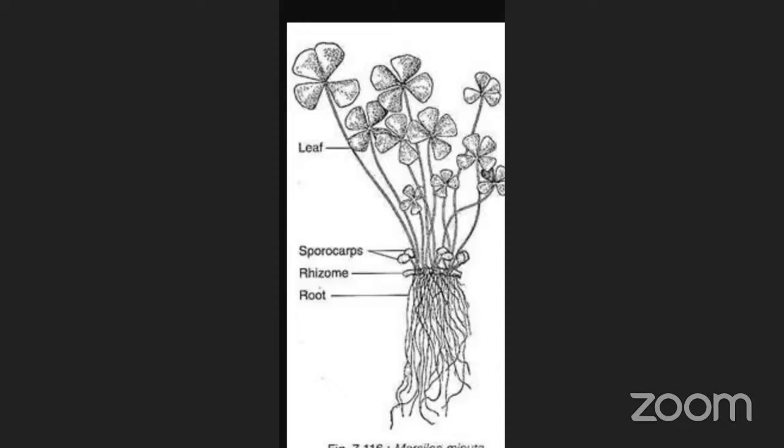So this Marsilea sporophyte may be aquatic or amphibious in habit. They can grow in water as well as in wet places, shallow areas, ponds, near the pond. Very muddy areas, meaning terrestrial conditions, so aquatic habitat as well as terrestrial habitat.